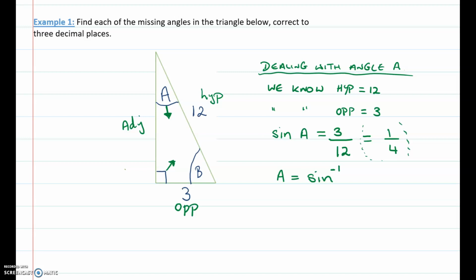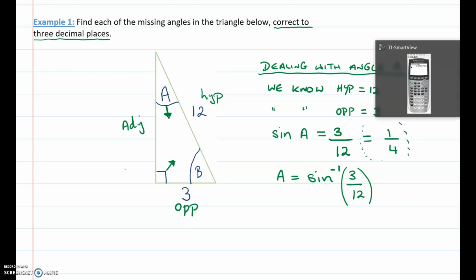In trigonometric ratios, this -1 has a different meaning. It means the inverse sine of 3 over 12. Okay, so A is equal to the inverse sine of 3 over 12. Now the question told us that we want to work this out correct to 3 decimal places. Anytime you see that, it means you're going to be using your calculator.